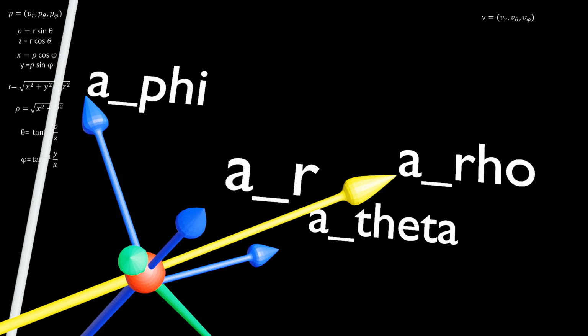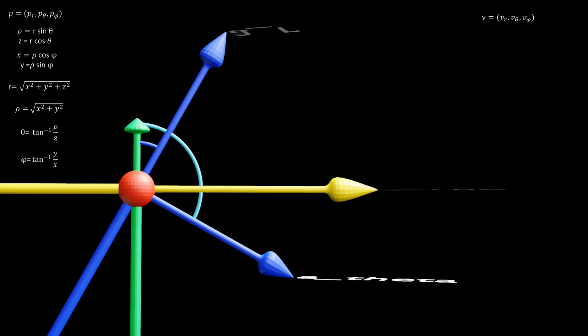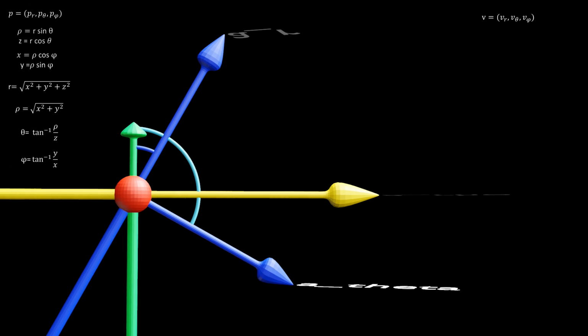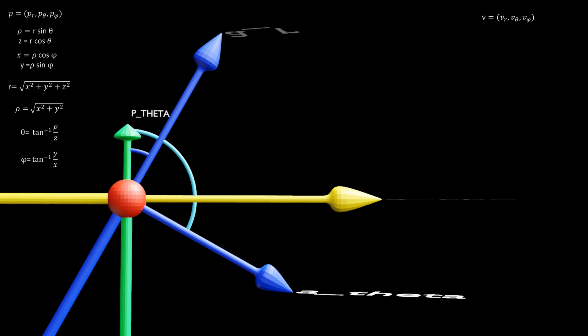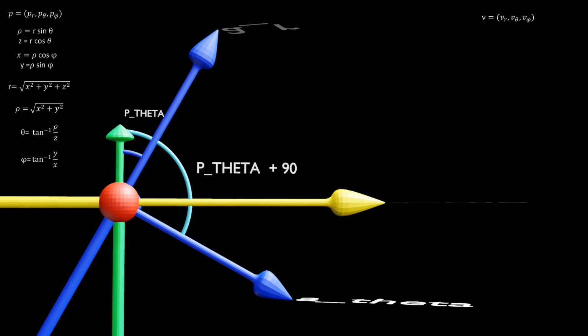Now, if we take a look on the angles of A r and A theta, we notice that the angle of A r is b theta and the angle of A theta is b theta plus 90.